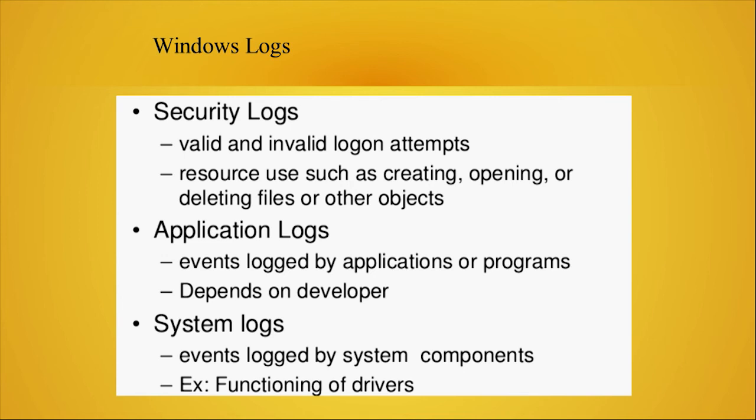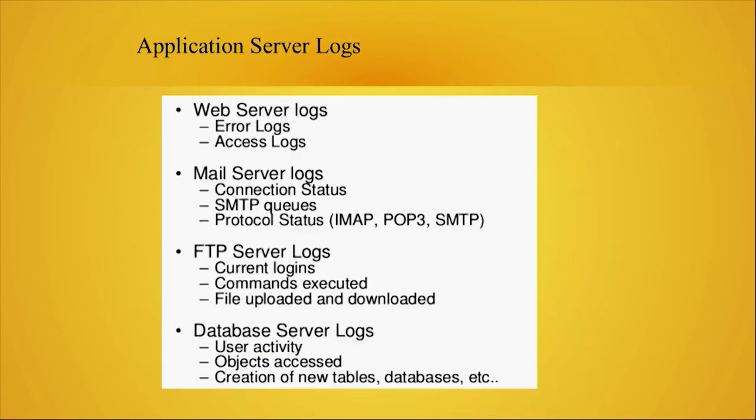Then there are the system logs, whether the drivers are functioning okay, etc. With respect to application server logs, you could have error logs and web server logs, then mail server, FTP server, database server.